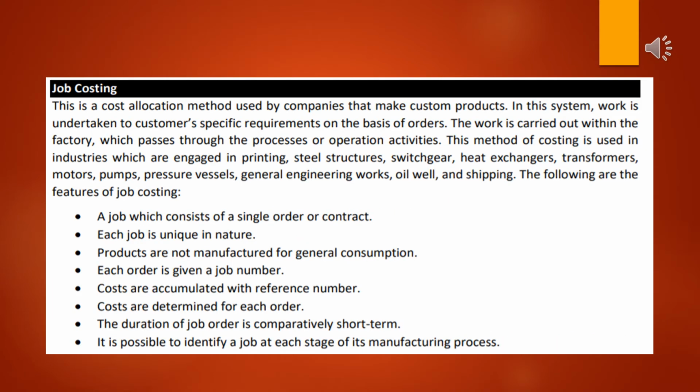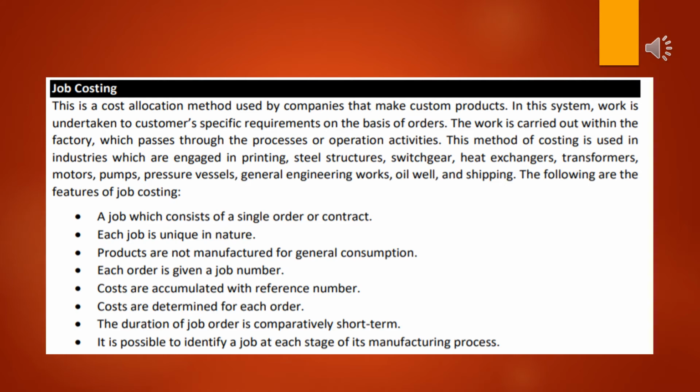And now let's proceed to job costing. So this is a cost allocation method used by companies that make custom products. Okay, the keyword here is customized or custom products. In this system, work is undertaken to customers' specific requirements on the basis of orders. The work is carried out within the factory, which passes through processes of operation or activities.